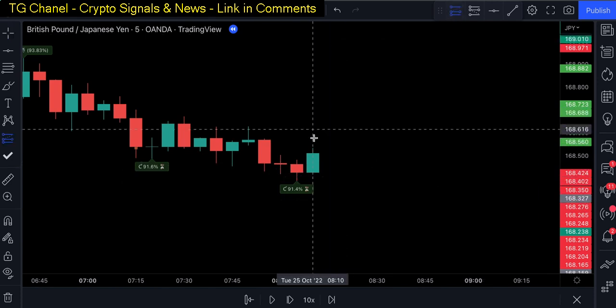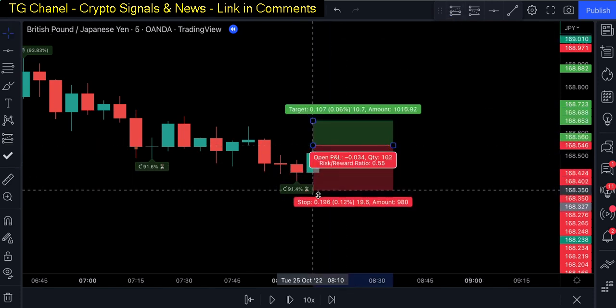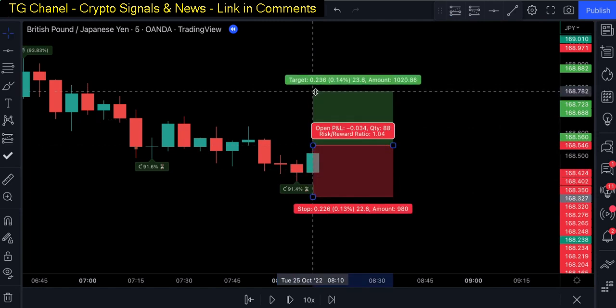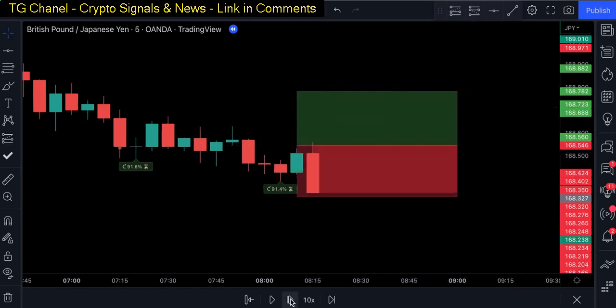The stop loss is going to be set slightly below the recent swing low. And just like with the short trades, we're going to be adjusting the stop loss every time the price action reaches a new target.